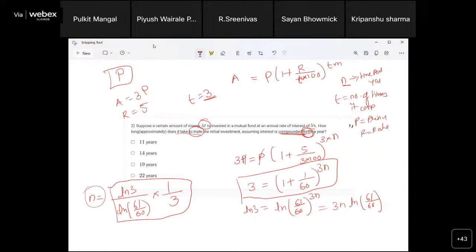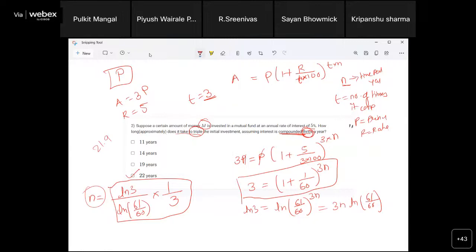Sir, just a question. It would be an approximate value, not an exact value, right? Yes, but you have to select the best option. If you get 22.32, then 22 will be the answer. Suppose we get 21 point something, like 21.9, what option should we choose?